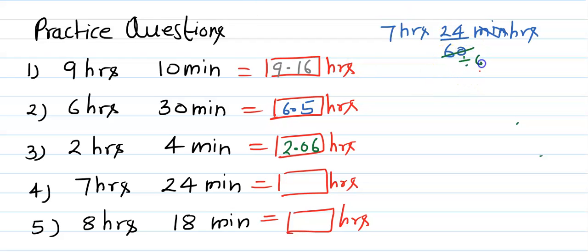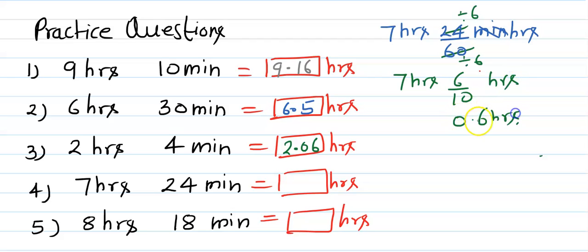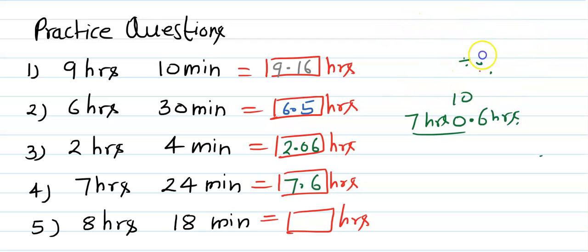Yes, if you divide by 6 here and divide by 6 here, so it will be 7 hours, and 24 divided by 6 is 6 over 10 hours. 6 over 10 hours is 0.6 hours. It is a point, and 7 hours is already there, so we can write down here 7.6 hours.